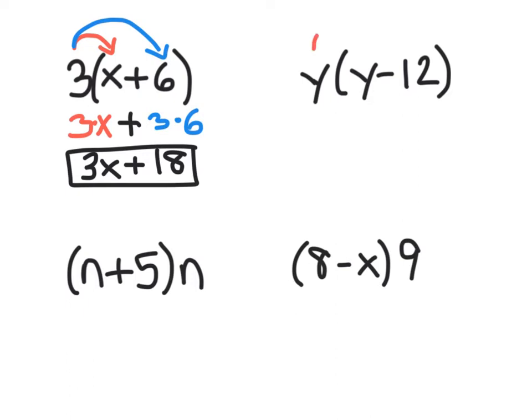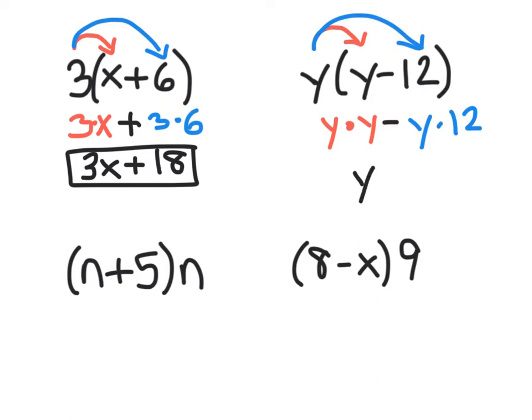Let's try the next one. Again, we're going to multiply the y that's on the outside to both terms in the parentheses. So the first one is y times y minus y times 12. When we rewrite this, we have to remember that y times y is y squared, not 2y, but y squared.